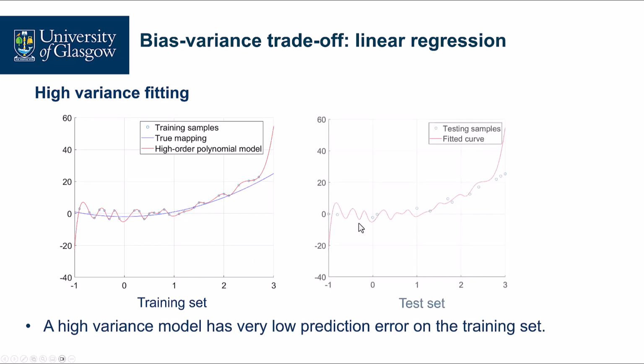However, when we see the test set is different, using this model many of the points are fitted very badly. So in the test set, high error exists. When we see a low prediction error on the training set but a high error on the test set, we know this model is highly likely to be overfitting. So it's a high variance fitting.